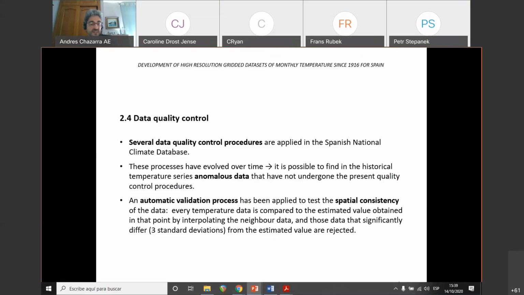So we applied an additional automatic validation process before the interpolation to test the spatial consistency of the data, so that every temperature datum is compared to the estimated value obtained at that point by interpolating the neighborhood data using the same method that we will use in the final interpolation. And those data whose residuals differ by more than 3 standard deviations are rejected.